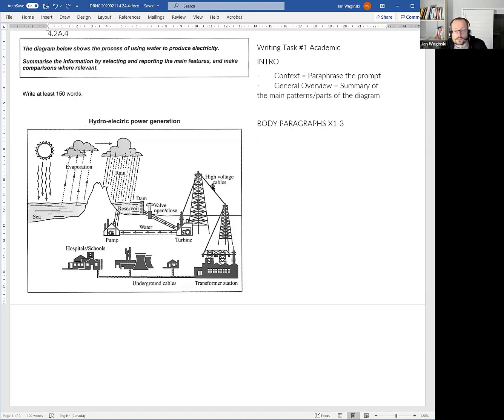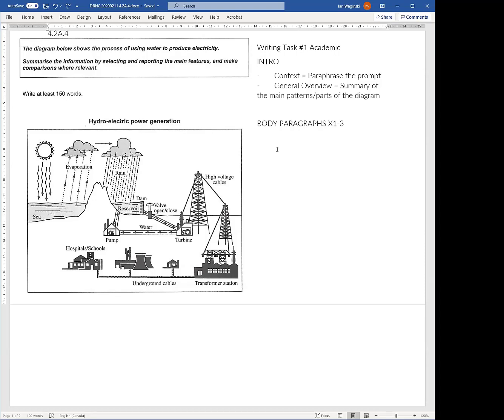Okay. Why don't we do a similar process to what we did in the classroom, which is to, because you're writing on computer, start by labeling this process in point form, change the point form into simple sentences, and then put those simple sentences together into complex sentences.